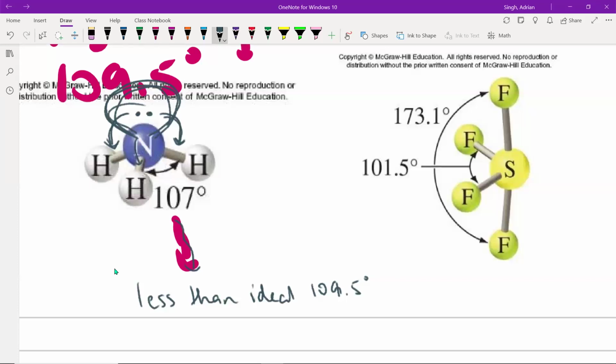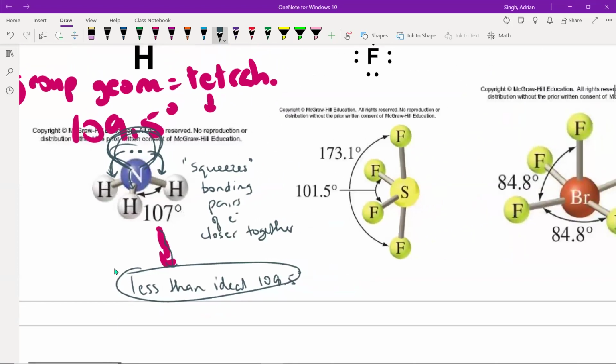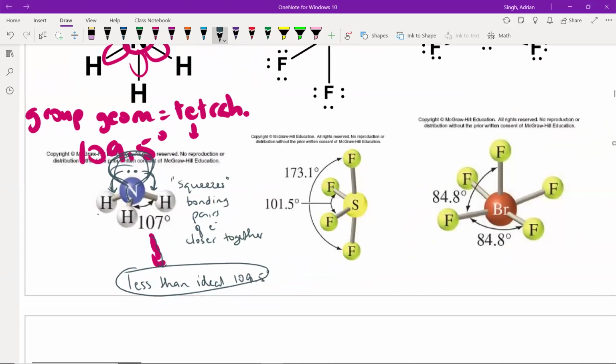In essence, it squeezes the bonding electrons closer together. And as a result, the bond angles now become a little bit less than the ideal 109.5. So it still is fairly close, but it is less because of the space taken up by the lone pair.